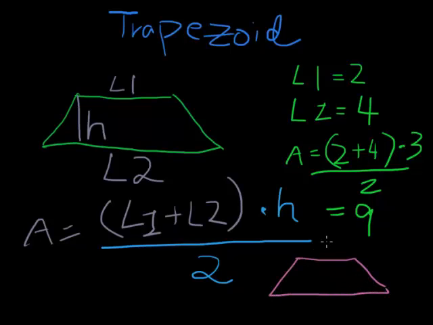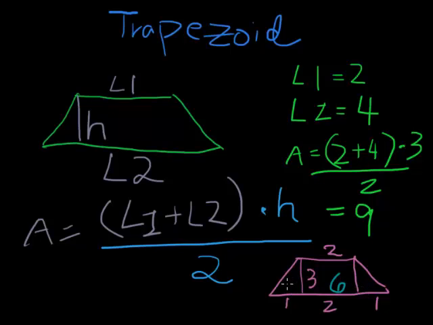Okay, so let's draw the trapezoid. We said this L1 is 2. We said L2 is 4, right? The whole thing is 4. This is 2. This is 1. This is 1. And the height is 3. Now convince yourself that the area is indeed 9. So let's compute the area of the rectangle. The area of the rectangle here is 2 times 3, which gives us an area of 6.